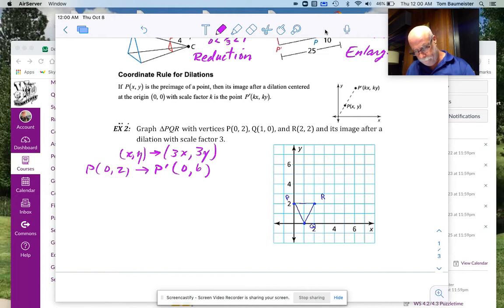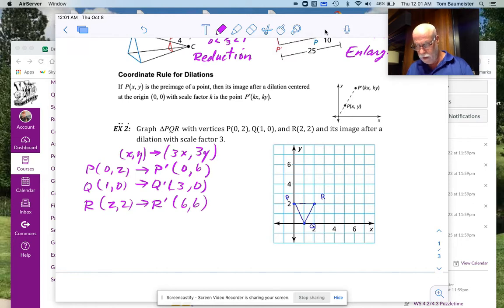So Q is (1, 0). That'll map to Q prime, which will be 3 times 1 is 3, 3 times 0 is 0. And then our R, which is at (2, 2), will map to R prime, which will be 3 times 2 is 6, and 3 times 2 is 6.